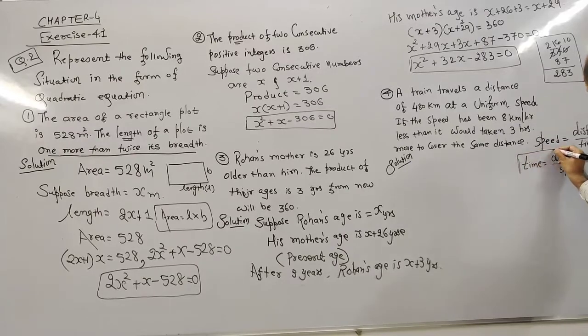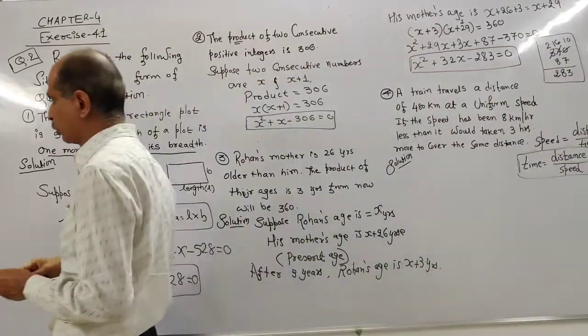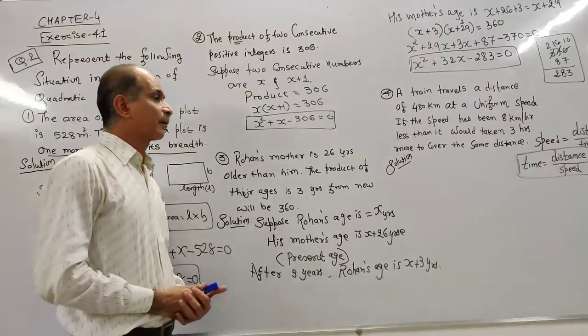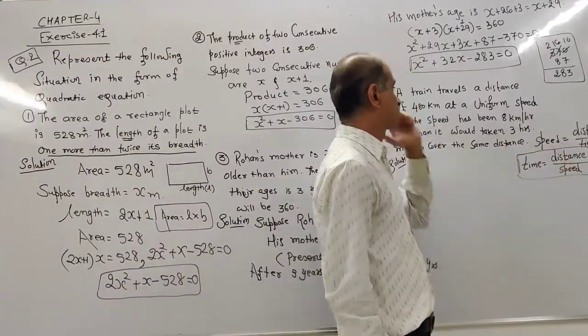You have to use this concept of science in this example to prepare a quadratic equation. Speed is equal to distance upon time. Therefore, time is equal to distance upon speed.